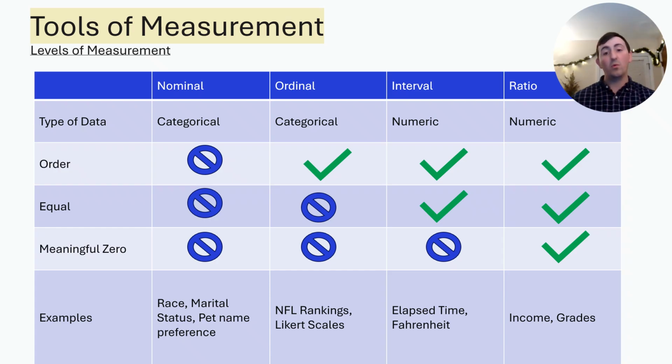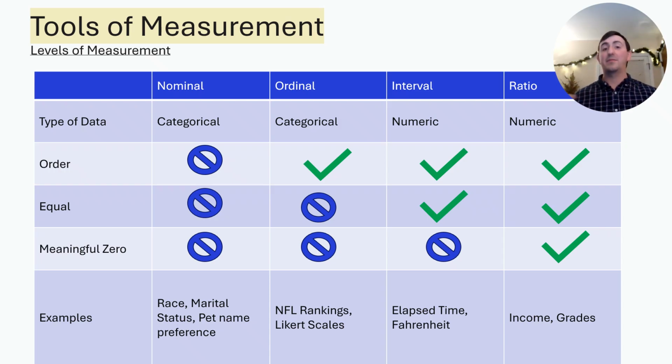Let's move up one more to interval. Interval is the step we take from categorical data to numeric, right? The distance between 1 and 2 and 2 and 3 is the same. So there is an order and there's equal distance, equal intervals between each step.